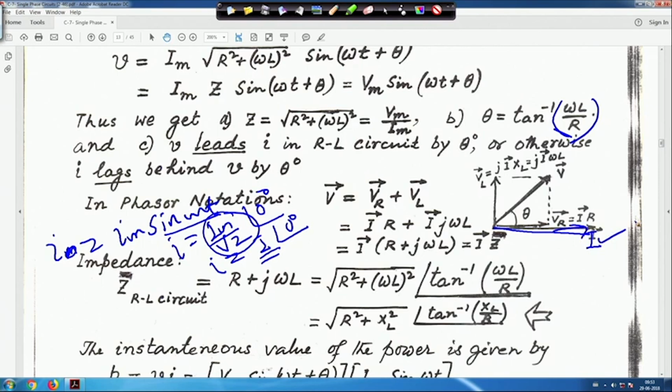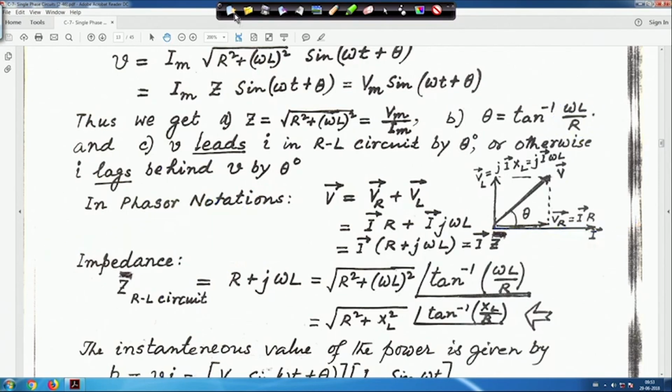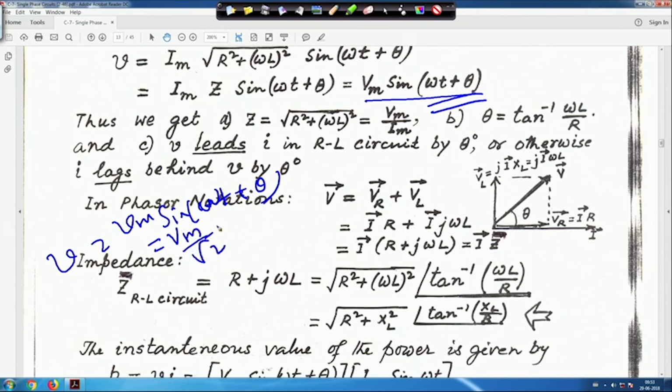Next is my V. V is equal to Vm sin (omega t plus theta). When you draw the phasor diagram, taking the RMS value Vm by root 2 with angle theta, this can be written as V angle theta, where V is the RMS value, V is equal to Vm by root 2.